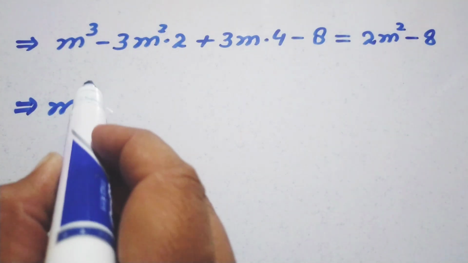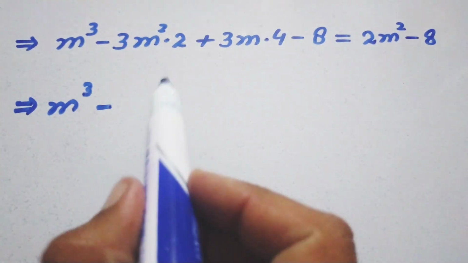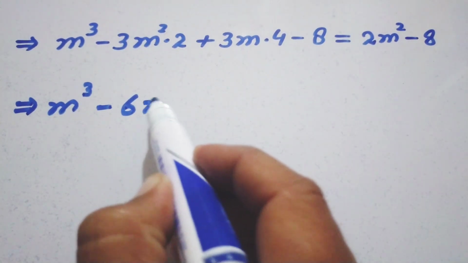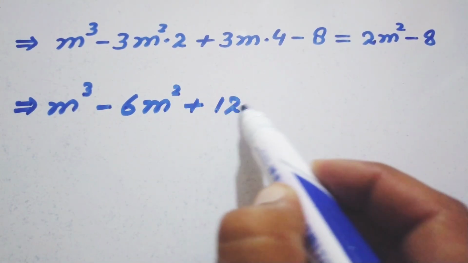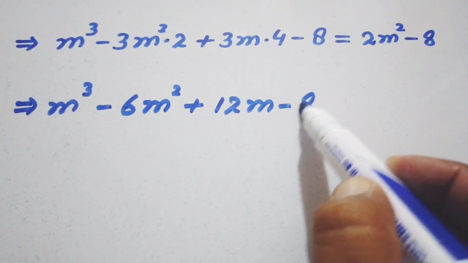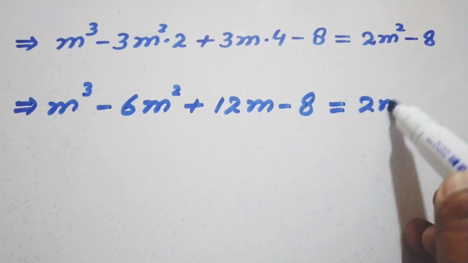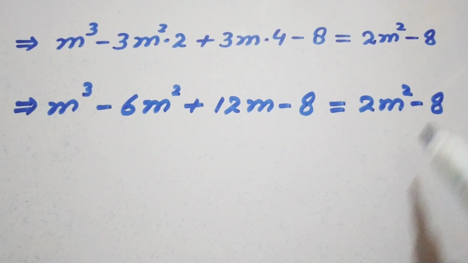Now m cube minus 3 multiplied by 2, we get 6m squared, plus 4 multiplied by 3, 12m, minus 8 is equal to 2m squared minus 8.